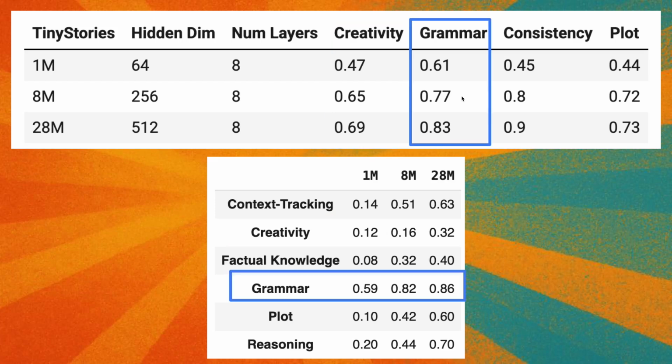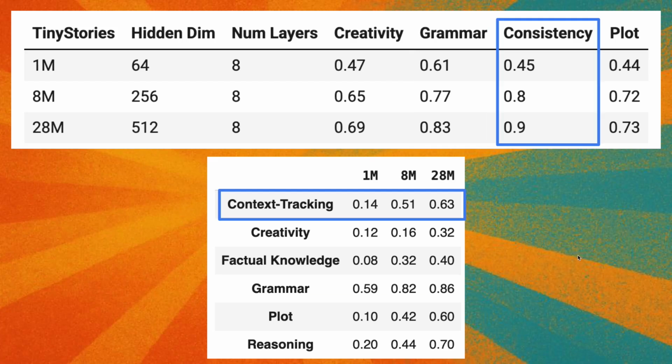Next, we have grammar. This matched out pretty well, right? 61%, 59, 77, 82, 83, 86. That's awesome. That makes me feel good. It's the most common baseline capability, and it matches between the targets and my relatively rough evaluations. So thumbs up. Consistency, which is context tracking, is similar to creativity.